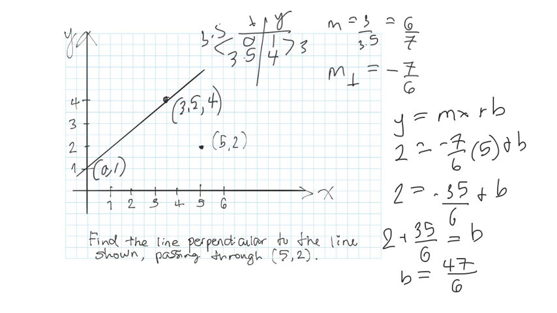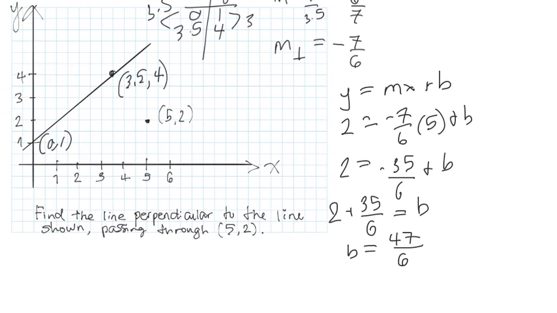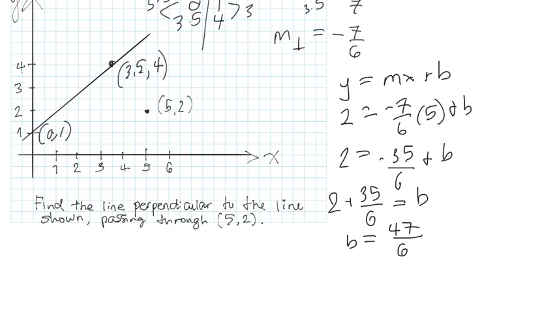Okay, so that's the b value, and we can now finish off and say y equals negative 7 over 6x plus 47 over 6.